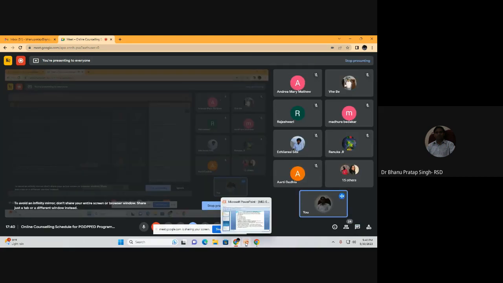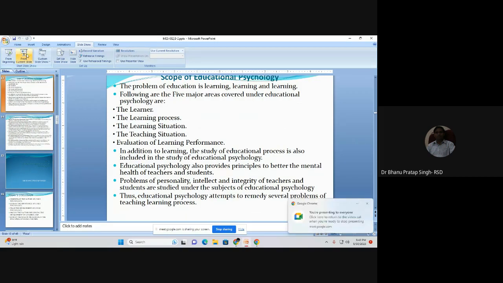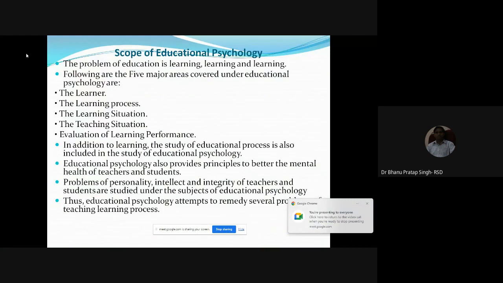Next is the scope of educational psychology. The problem of education is learning, learning, and learning.